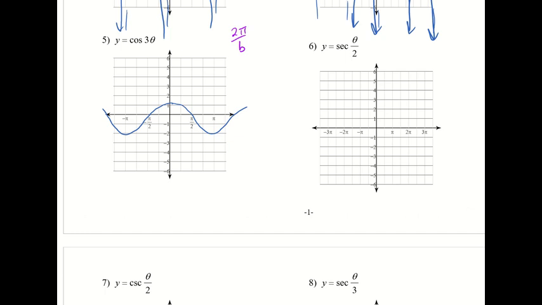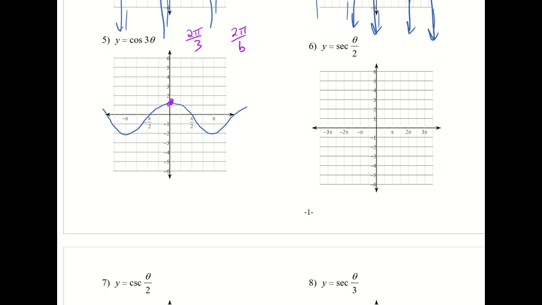So this function, b is 3, so our period is 2 pi over 3. So our y-intercept isn't going to change. So this point of 0, 1 is going to stay the same.